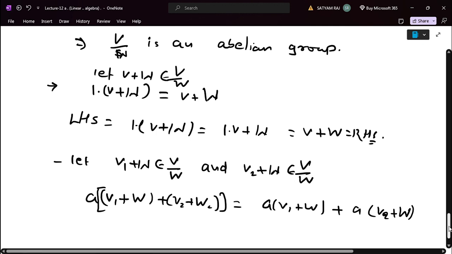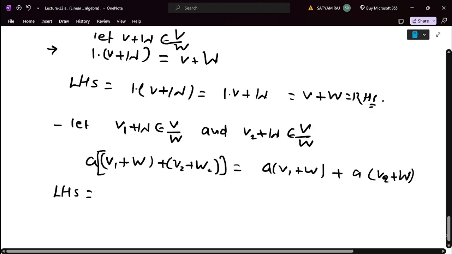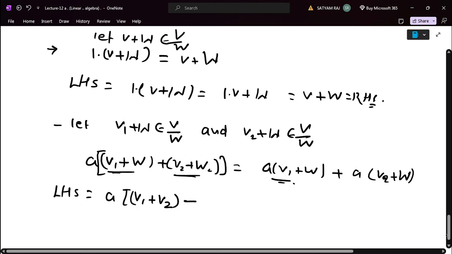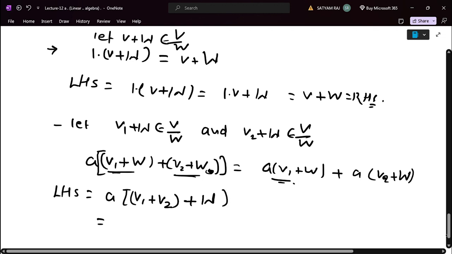That's the distributive property only. If we expand LHS, we can get this easily. If we apply the definition of addition first, we get v1 plus v2 plus w. And now use the definition of dot here.